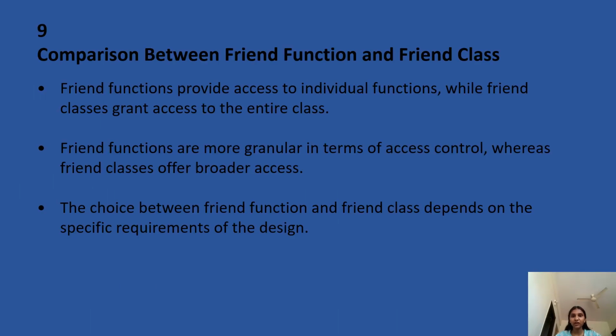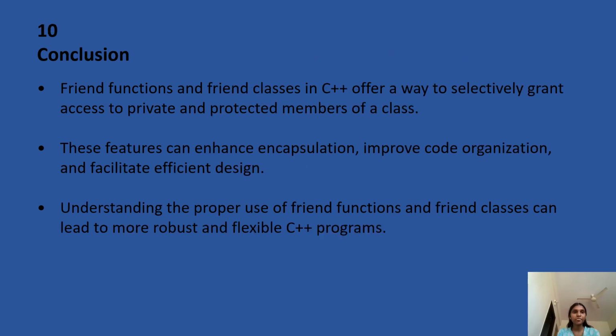Comparison between friend function and friend class. A friend function provides access to individual functions, while friend classes grant access to the entire class. Friend functions are more granular in terms of access control, whereas friend classes offer broader access. The choice between friend classes and friend functions depends on the specific requirements of the design.